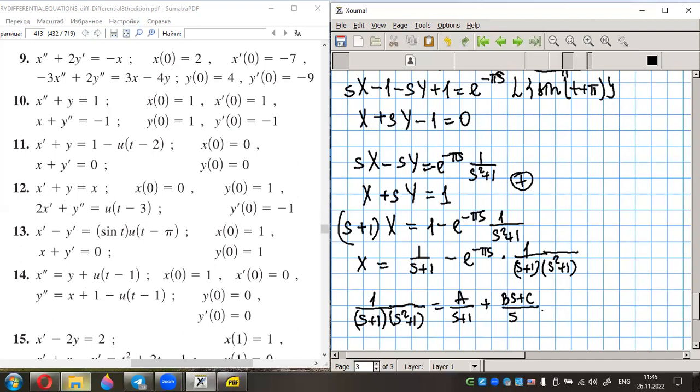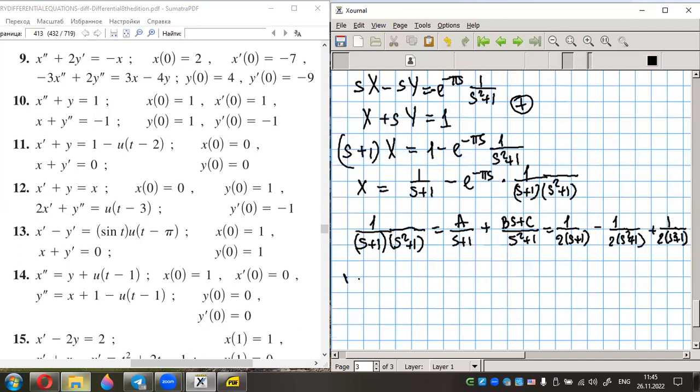If you solve this, you obtain that A equals 1 over 2, so we get 1 over 2(s plus 1) minus s over 2(s squared plus 1) plus 1 over 2(s squared plus 1).